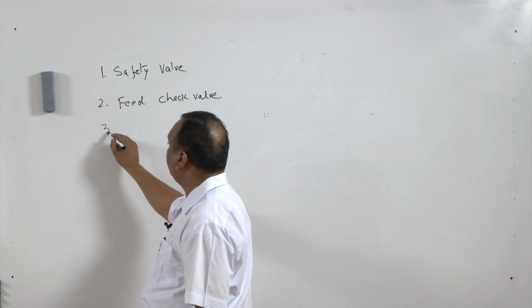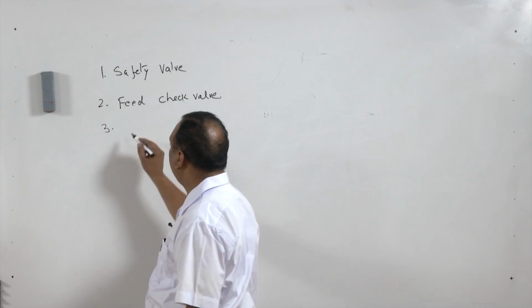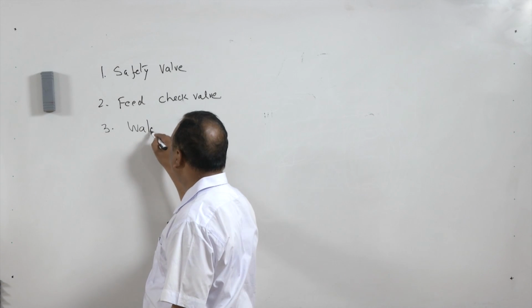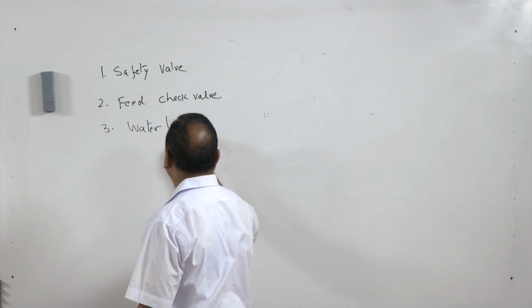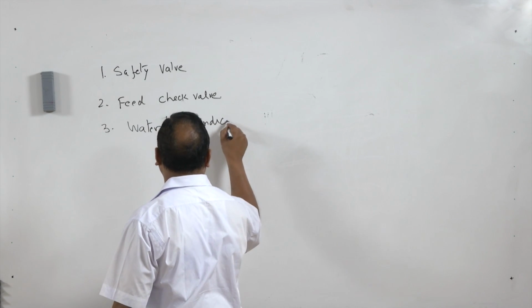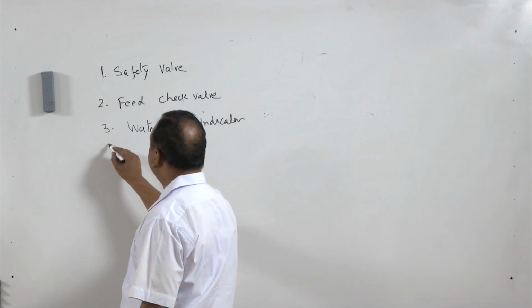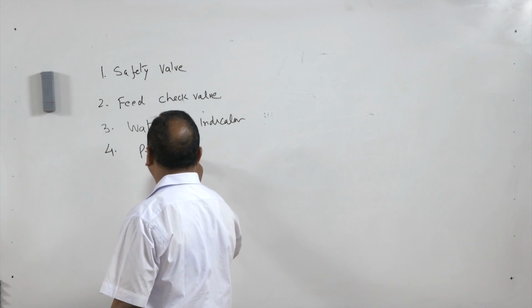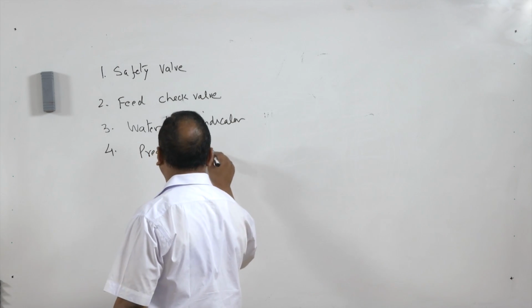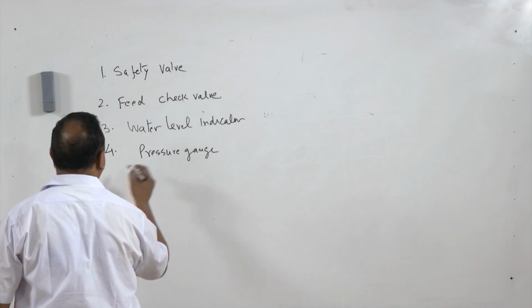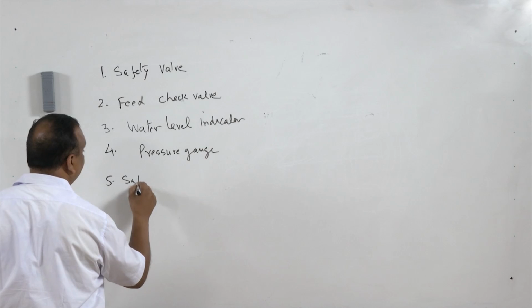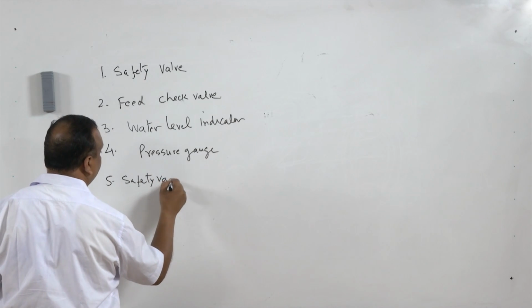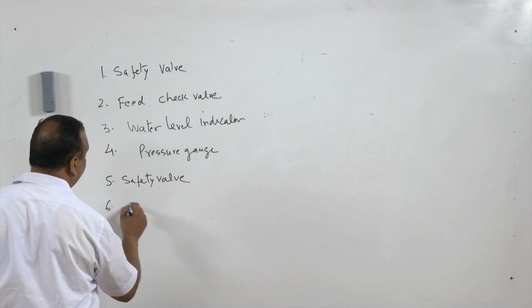Water level indicator I have discussed earlier also. There is a water level indicator. There is a pressure gauge. They are mountings only. And safety valve. Steam stop valve.